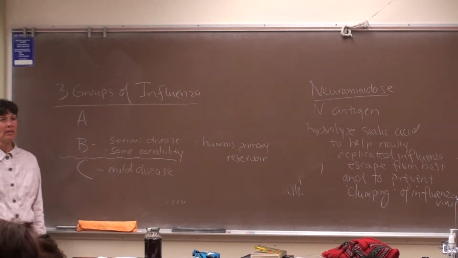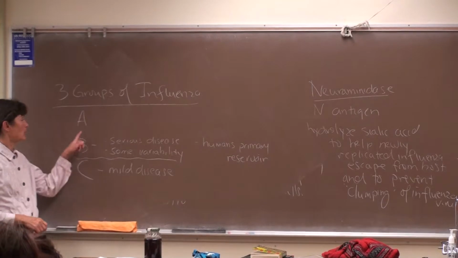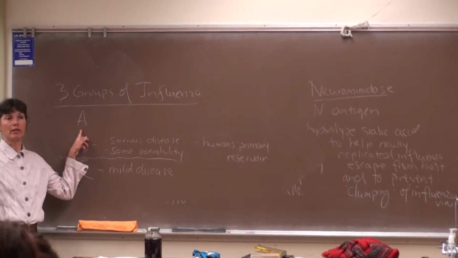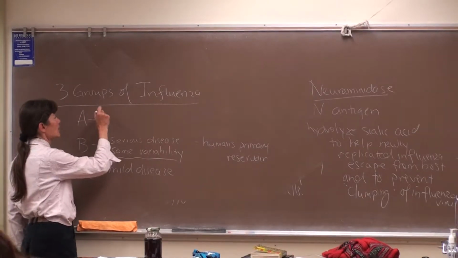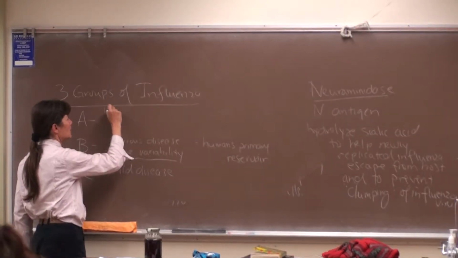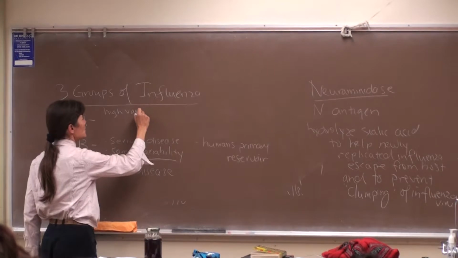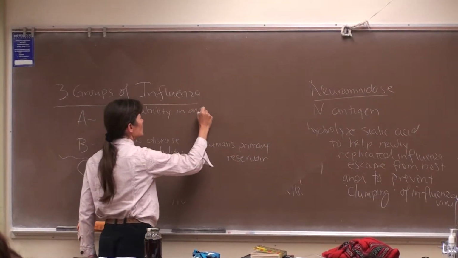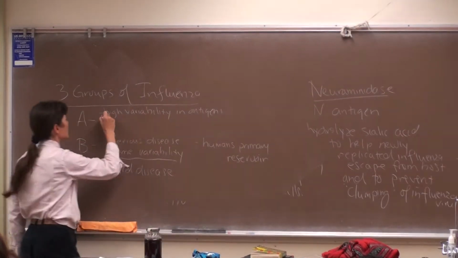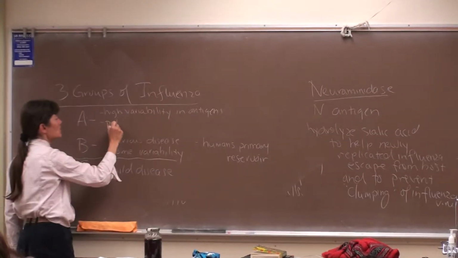The group we're really worried about are the group A influenzas. So our lecture is going to totally focus on the group A influenzas. These guys are highly variable, high variability in antigens. These guys have potential for serious disease.